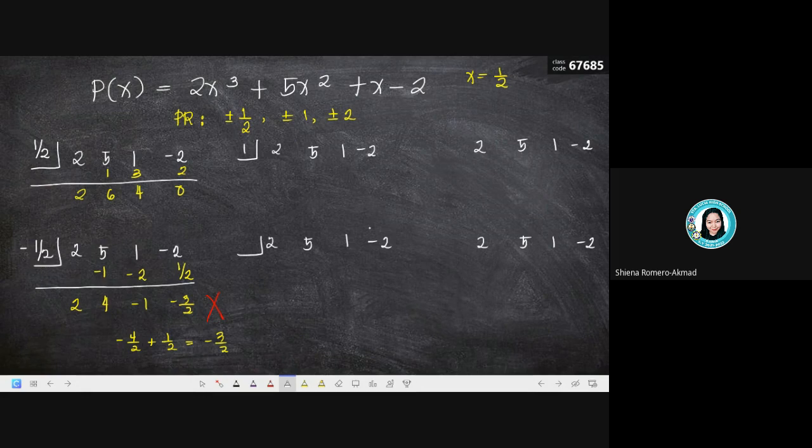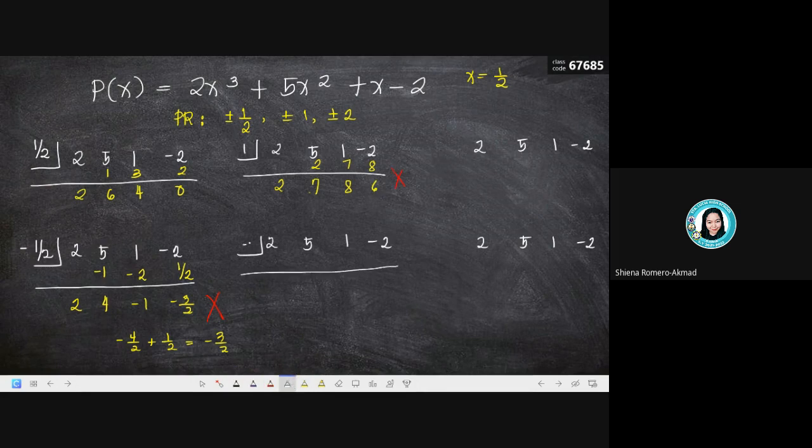So, we have here, bring down 2. So times 1 is 2. We have 7. Times 1 is 7. This is 8. Times 1 is 8. And this is positive 6. So it's not x.